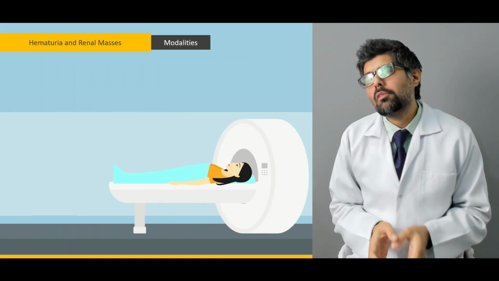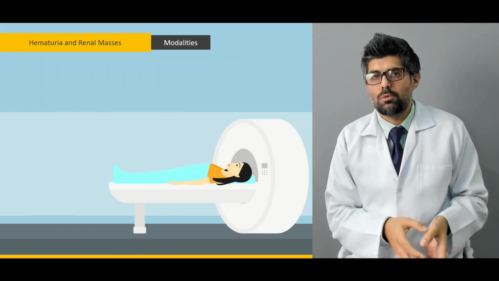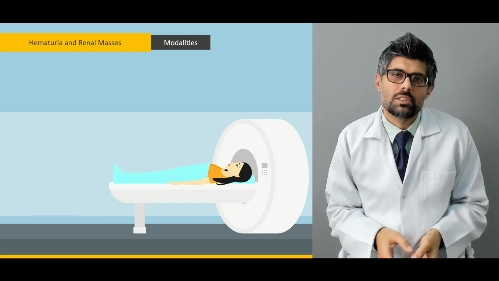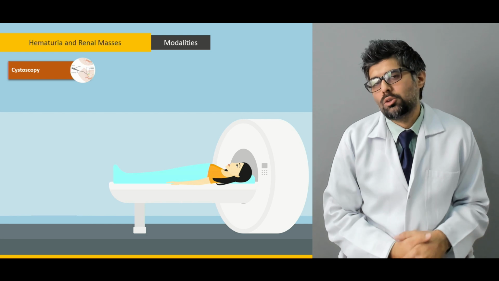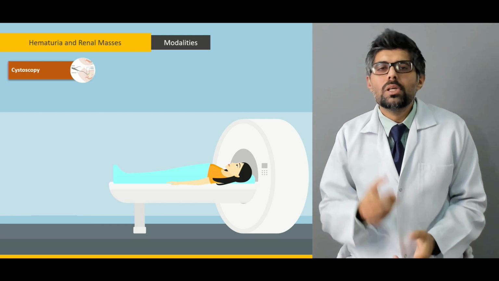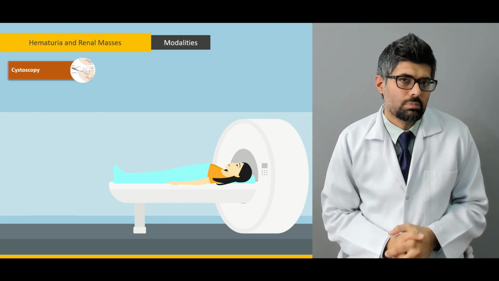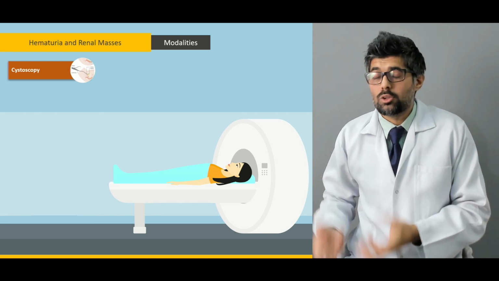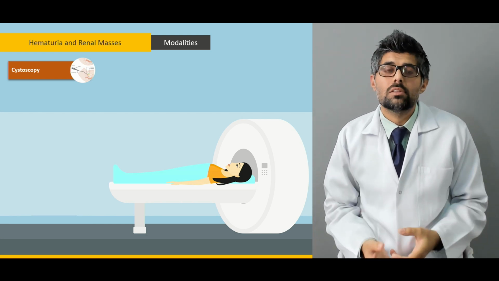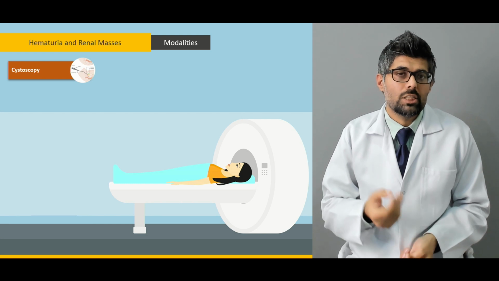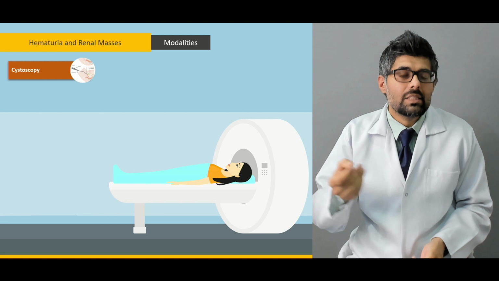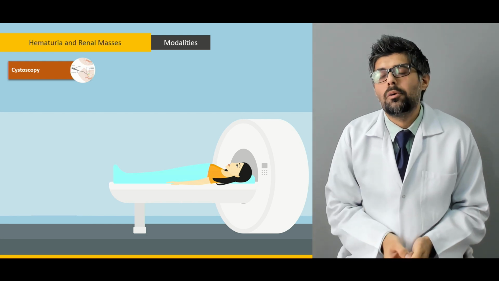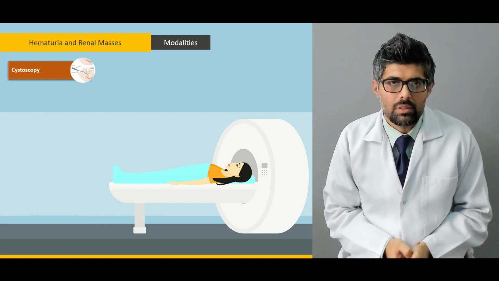Now, what kind of modalities do we use in hematuria and renal masses? The first one is cystoscopy. Cystoscopy is an endoscopic process through which either a rigid cystoscope or a flexible one is introduced inside the urethra, and the inside of the urinary bladder is examined.